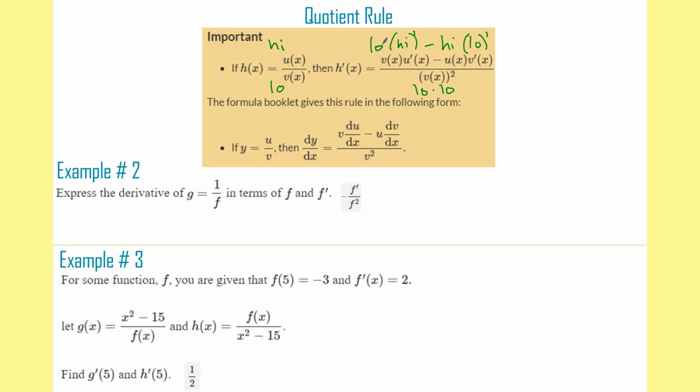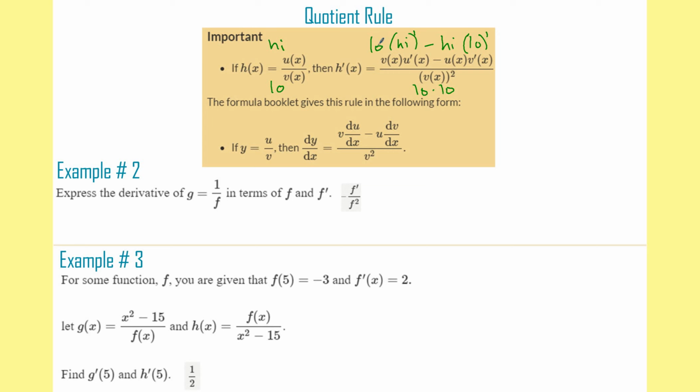So you say it: low d high minus high d low all over low low. You start with low and you end on low.